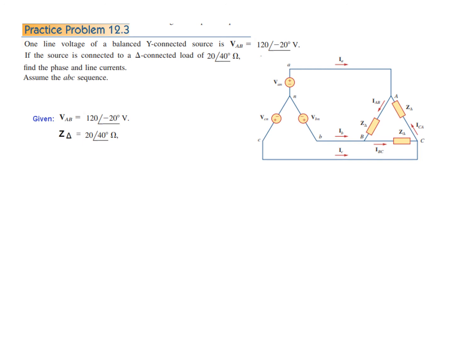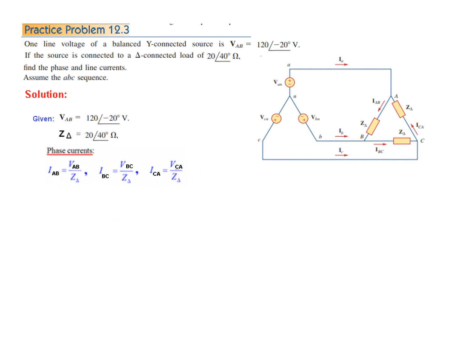However, if he would have mentioned small vab, it would still be the same voltage here. So we know this voltage VAB, we know this impedance, so we straight away can calculate the phase current IAB.